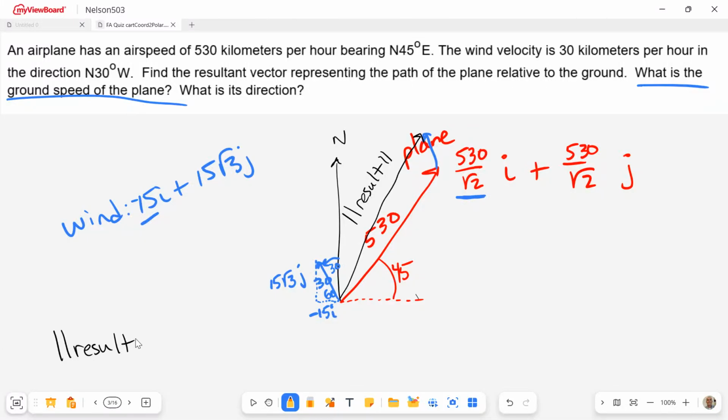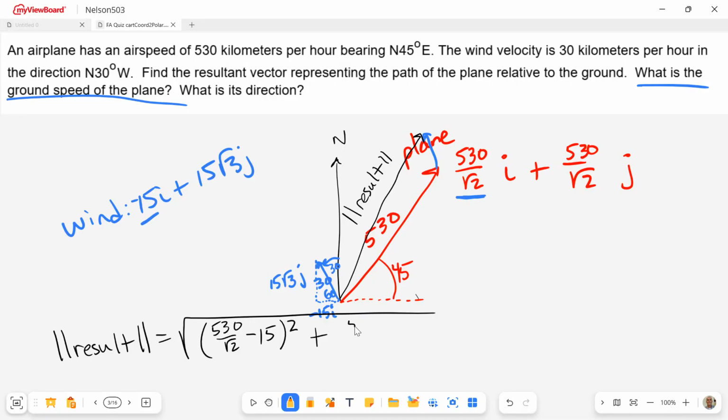Well, I get 530 over square root of 2 minus 15 underneath the big square root sign. So I'm going 530 divided by the square root of 2 minus 15 squared. Plus, I'm doing Pythagorean theorem right now, plus 15 plus 530 over square root of 2.